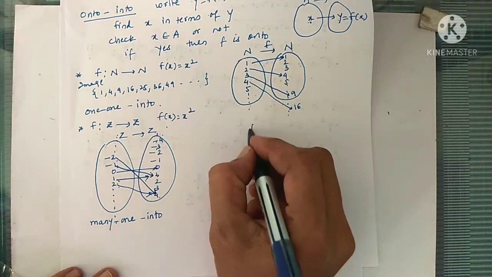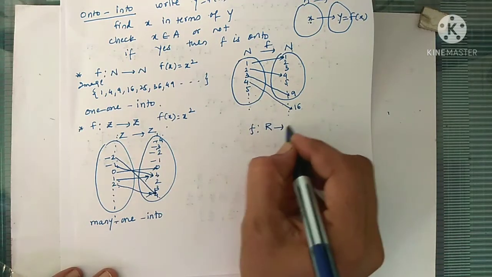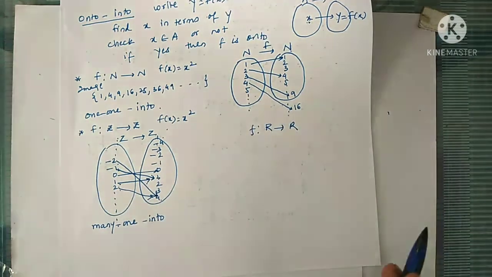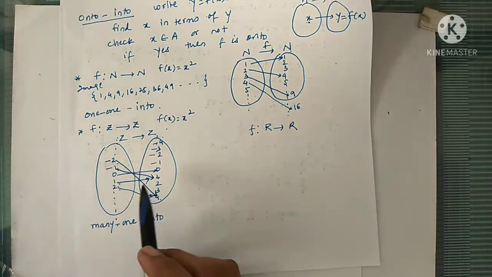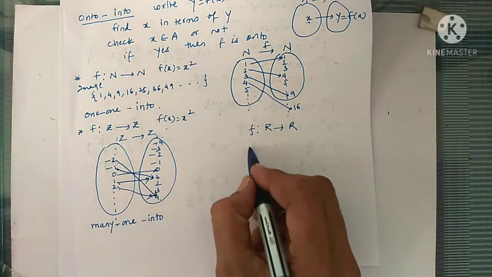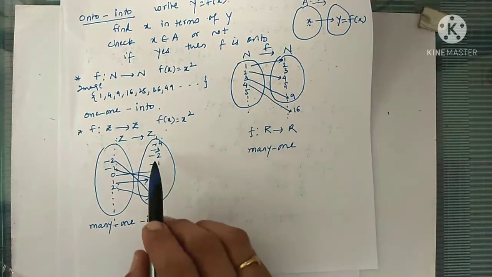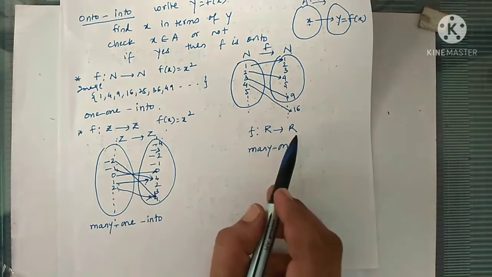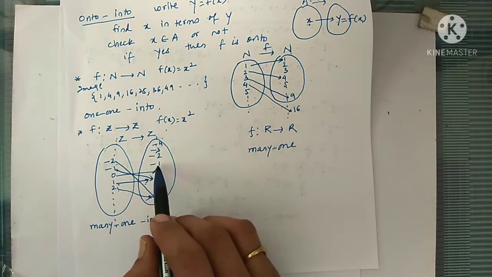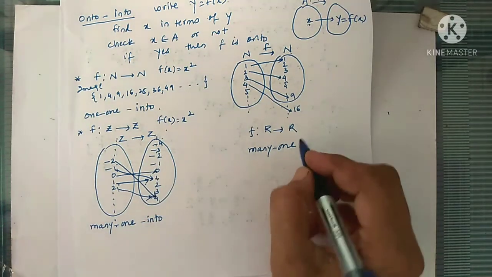If we consider R to R, that means real number to real number, again using this only, it is a many-one function. And again, negative numbers are part of real numbers, and negative numbers do not have a pre-image here.